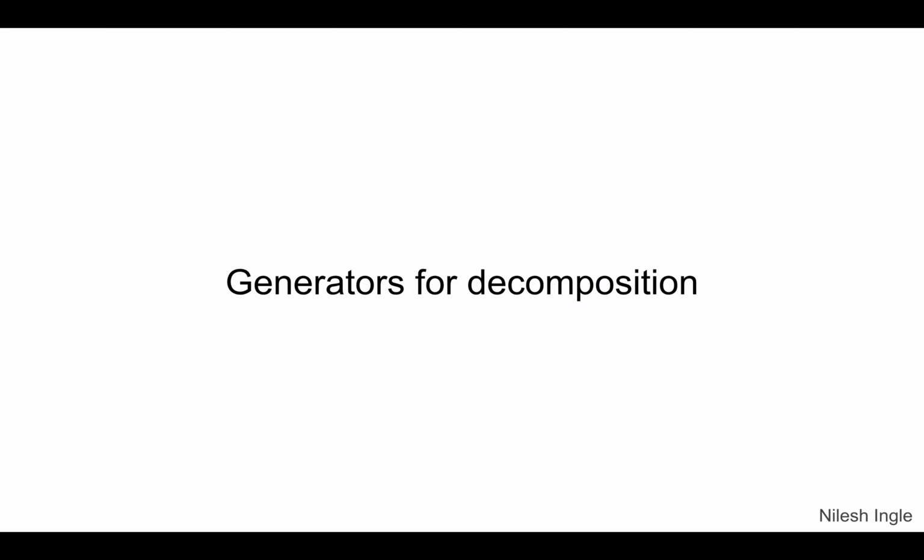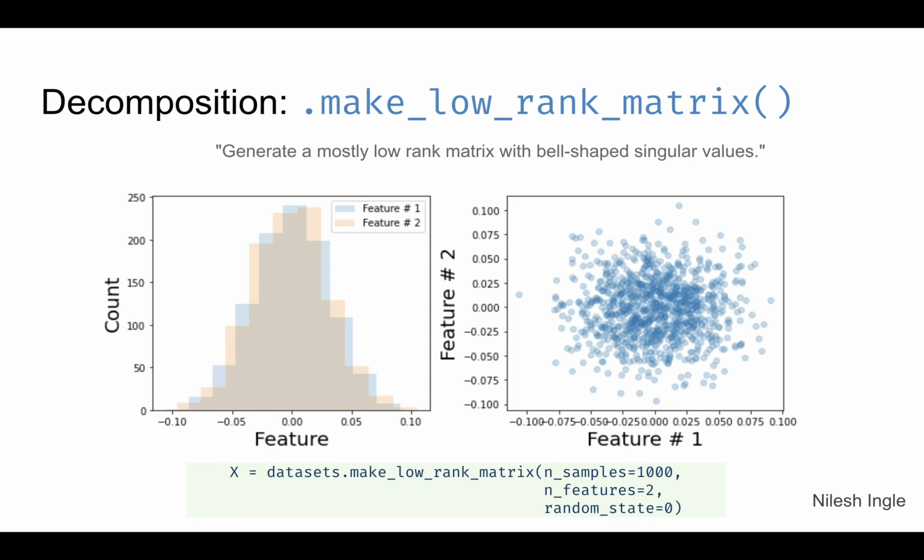Now for decomposition, there are a couple of ways we can create the data set. The first is using this command right here, make_low_rank_matrix, and it creates these data sets. The histogram is on the left hand side, and on the right hand side I've plotted feature 1 against 2, and we can see a spherical shape.